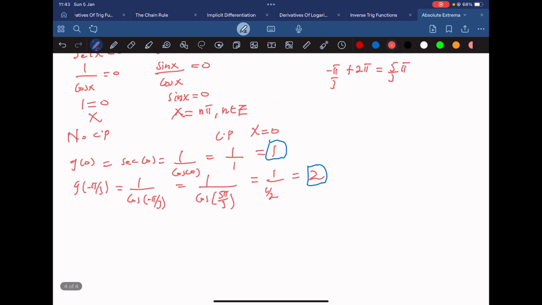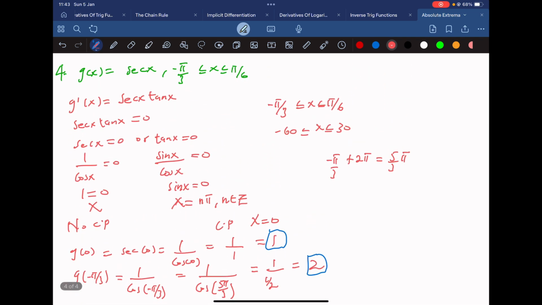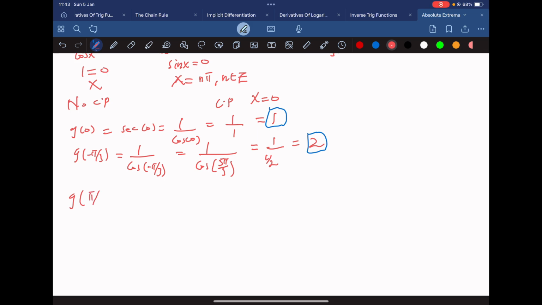For the third, we can find the last critical point, the last endpoint, which is just pi over 6. So we want 1 over cosine of pi over 6, and cosine of pi over 6 is just root 3 over 2. So in this case, we have 2 over root 3.